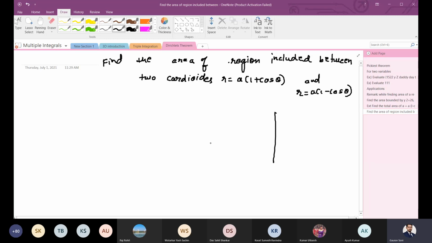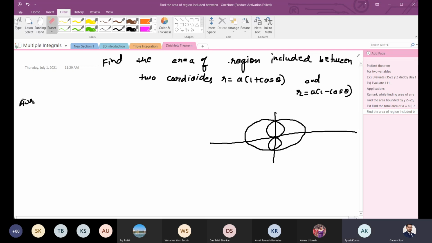So we know that one opens towards positive x-axis and the other opens towards negative x-axis. Yes, which is the symmetry here.